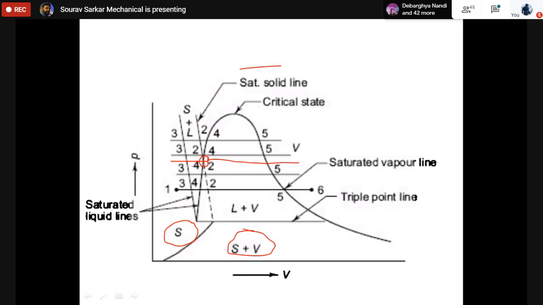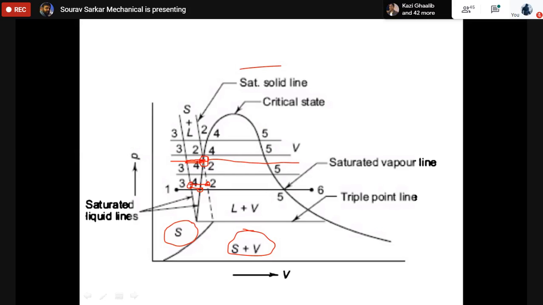So here what is happening? This is the ice. Ice is converted into liquid. Then the liquid is further heated to boil. So there are three initial points: 1, 2, 3. This is 1, this is 2, and again it is coming back to 3.